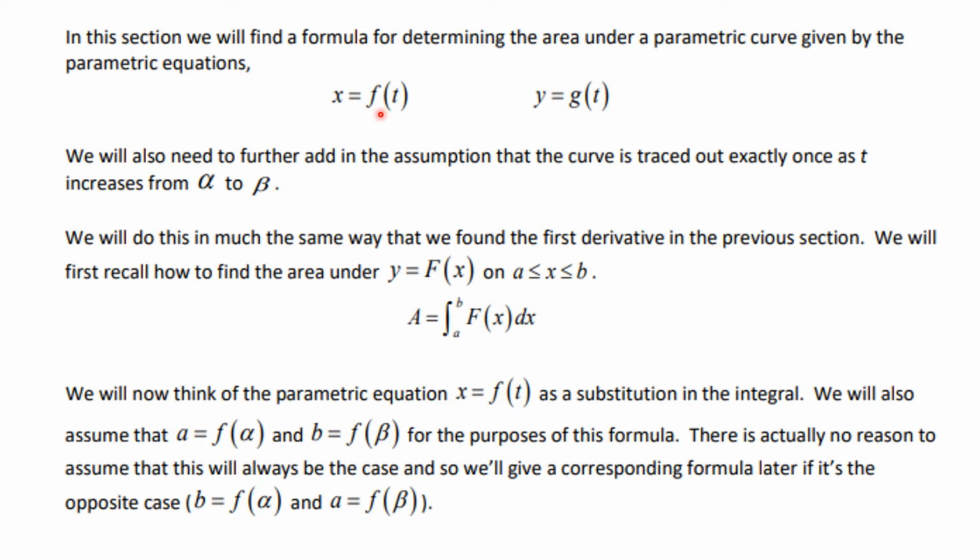That's the same f that was in our parameterization for the purposes of this formula. And there's no reason to assume that that will always be the case, so it could be the other way about on the interval. So b could be f of alpha and a could be f of beta.